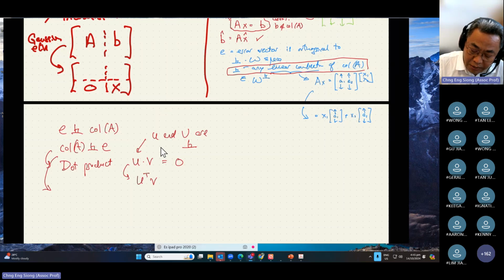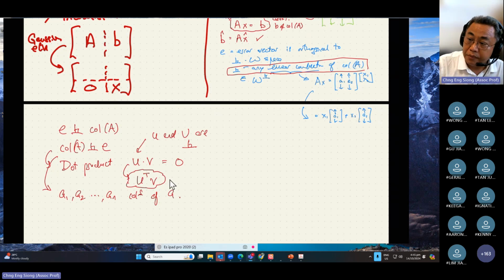Okay, so take this. Now I'm going to write columns of A are perpendicular to E. Who are the columns of A? Columns of A are A1, A2, and up to AN. I'm going to use this notation and say A1 transpose E. So A1 transpose E equals what, guys?